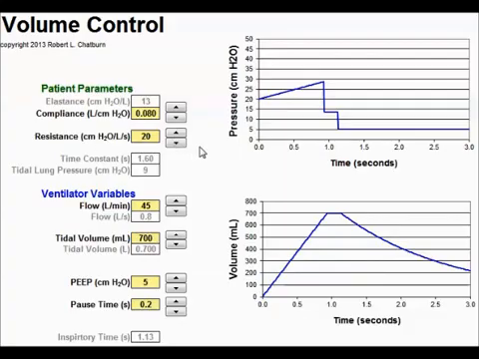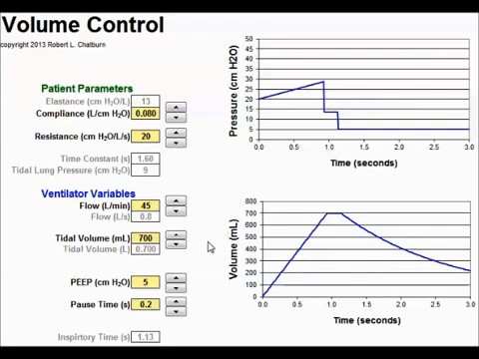As you notice, my ventilated variables: I'm delivering 700 cc's with a flow rate of 45 and a PEEP of 5. And these are my measured values and my graphs on the right side of the screen. If we look at my pressure, my peak pressure is approximately 30 centimeters of water, so it's actually 29 centimeters of water here.